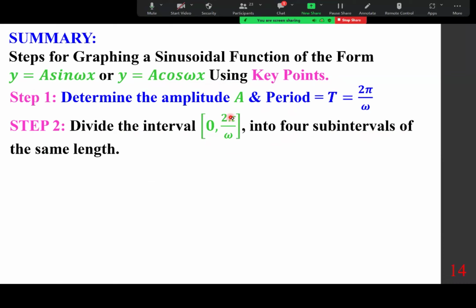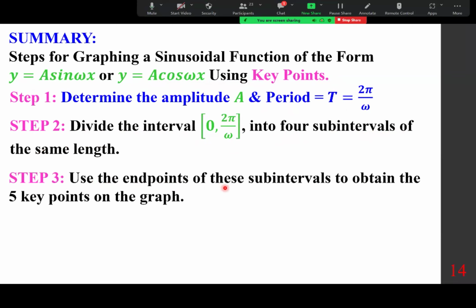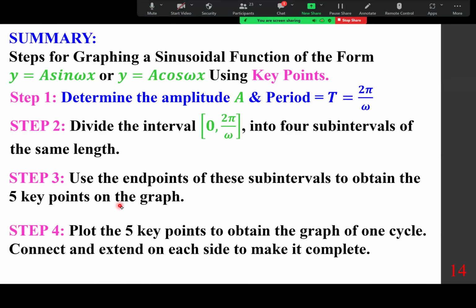So divide this number in 4 in essence. Use the endpoints of these subintervals to obtain the 5 key points on the graph. When you have 4 subintervals, you have 5 key points. Plot the 5 key points to obtain the graph of one cycle, connect and extend on each side to make it complete.